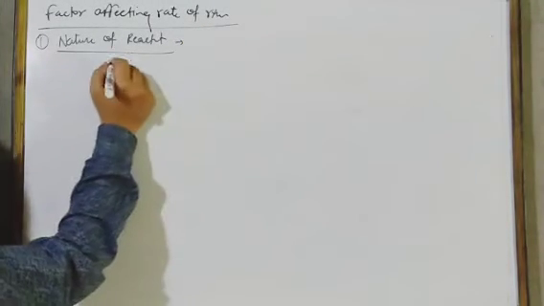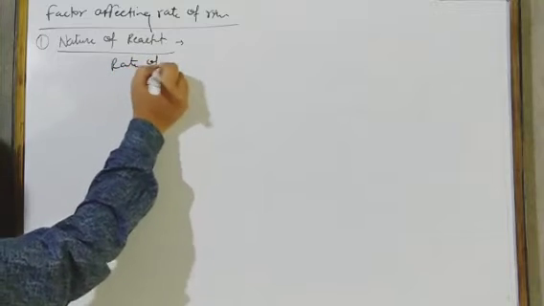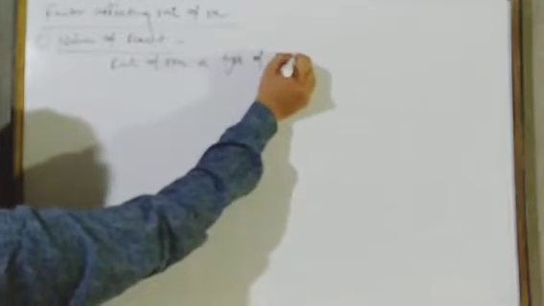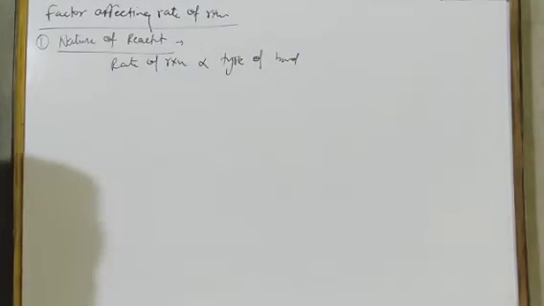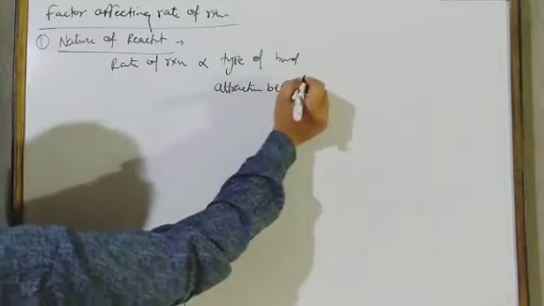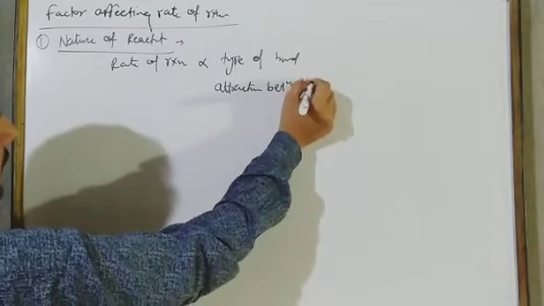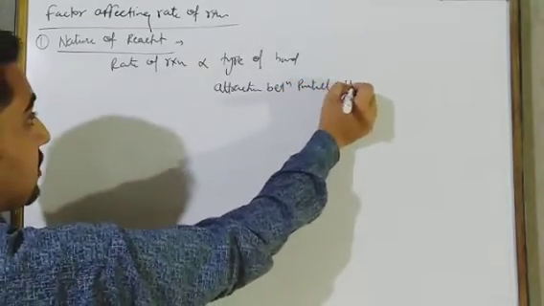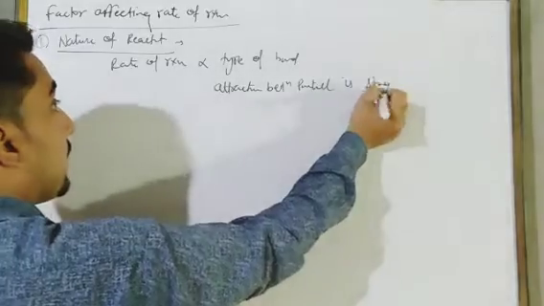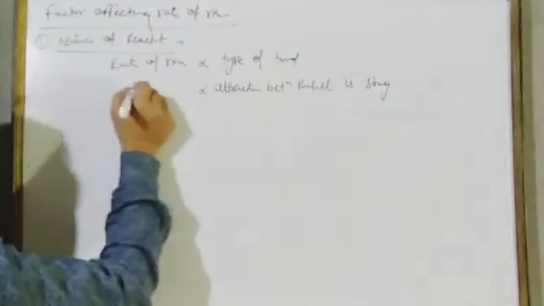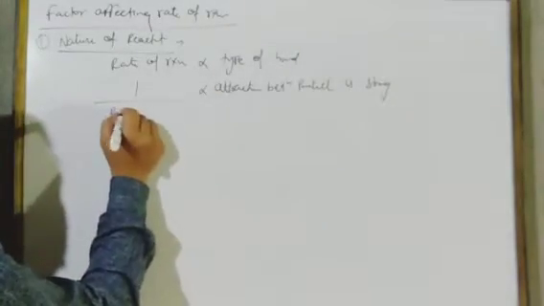So the rate of reaction depends on the type of bond between the constituent particles. If the attraction between the particles is strong, then the rate of reaction will decrease.